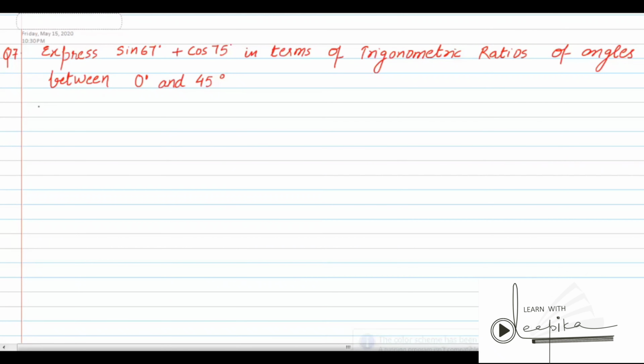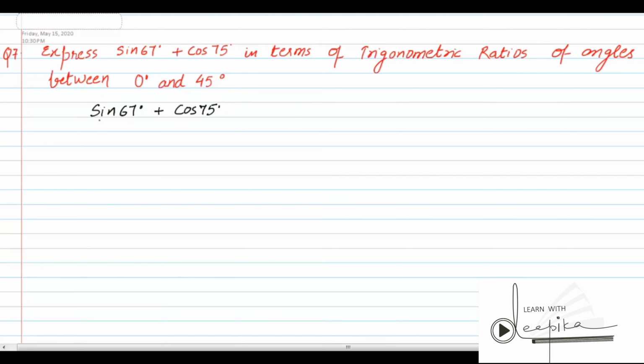Question number 7 is, express sine 67 degree plus cos 75 degree in terms of trigonometric ratios of angles between 0 degree and 45 degree. We have sine 67 degree plus cos 75 degree.